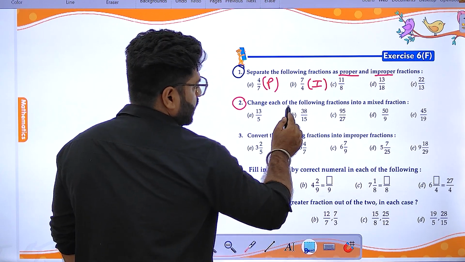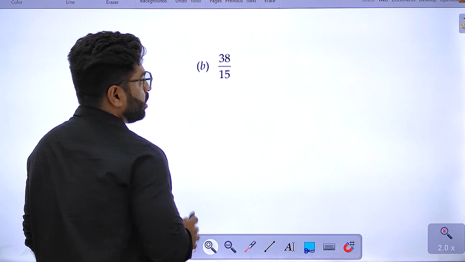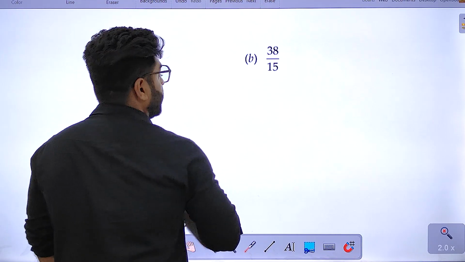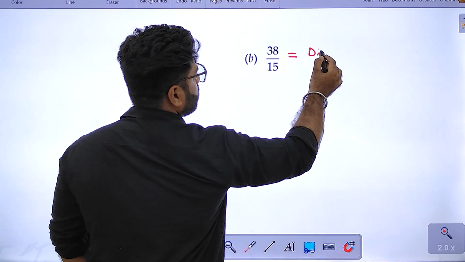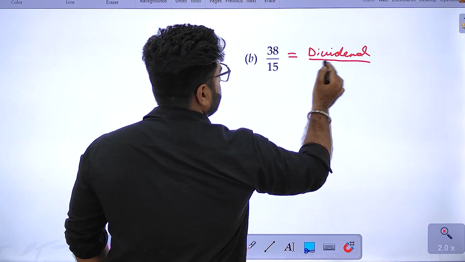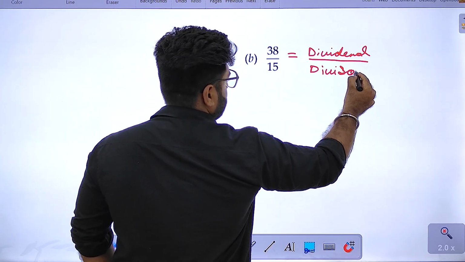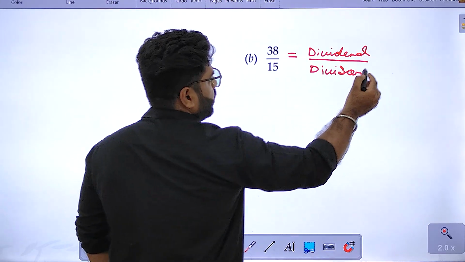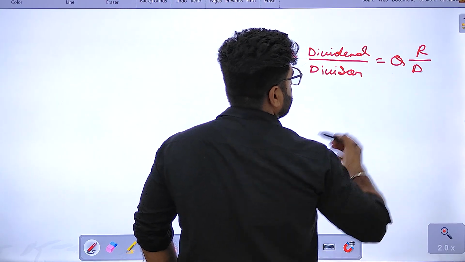So let's pick this one. Now we have here 38, that is the dividend, and this is the divisor. After changing it, we get quotient, remainder upon divisor.